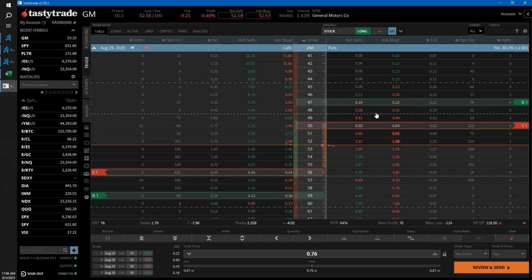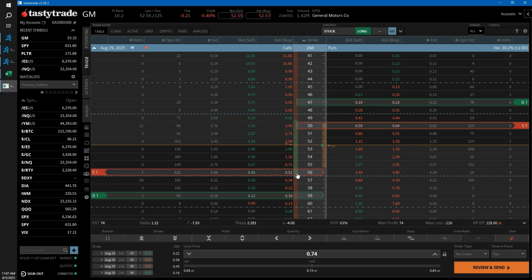giving me some good comfort that this one standard deviation below and the one standard deviation above levels here on General Motors should be pretty well set up. So the trade sits as this: sell a 50 put, cap that off by 3 points, and buy the 47. As you can see, that'll give us about 37 cents of credit on a support below.